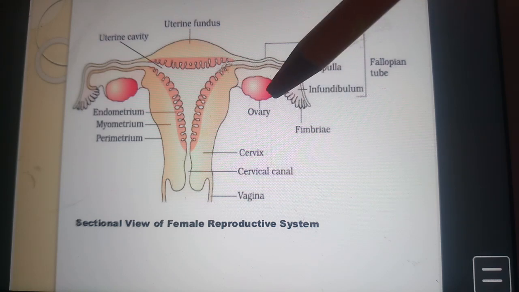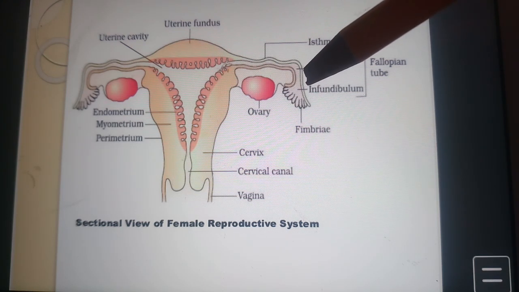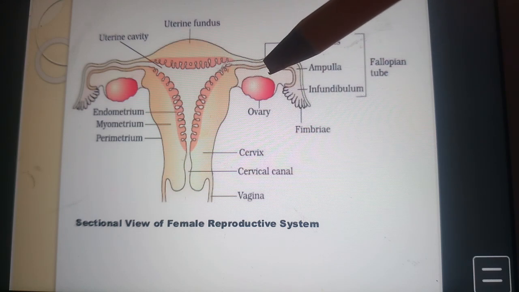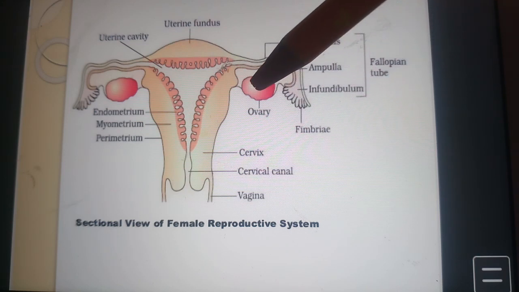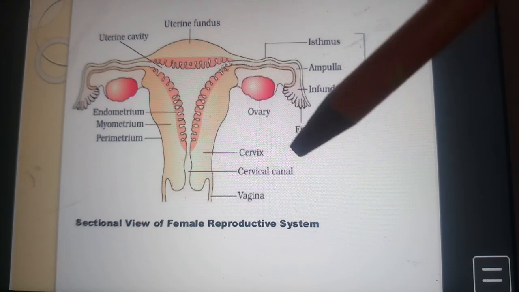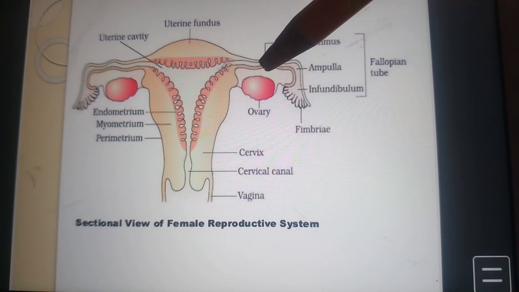These are called the fimbriae, which help in the collection of the egg or ovum released by the ovary after ovulation. What is the function of the fimbriae? The main function of the fimbriae is to collect the egg and transfer it into the fallopian tube or oviduct.